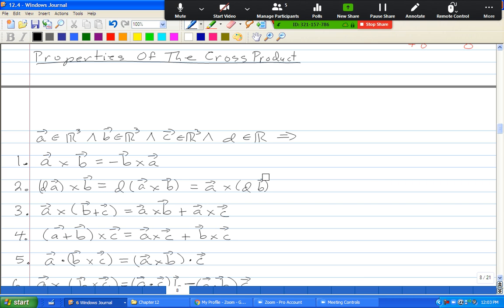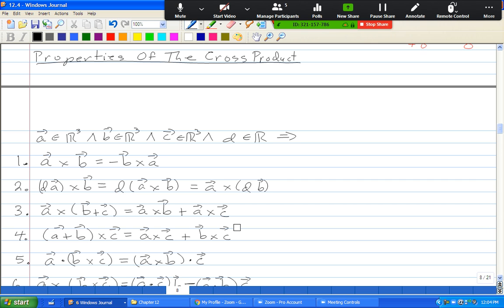Next, at least like multiplication, the cross product distributes over vector addition. So A cross B plus C is A cross B plus A cross C. And again, the cross product distributes over vector addition. So A plus B cross C is the same as A cross C plus B cross C.